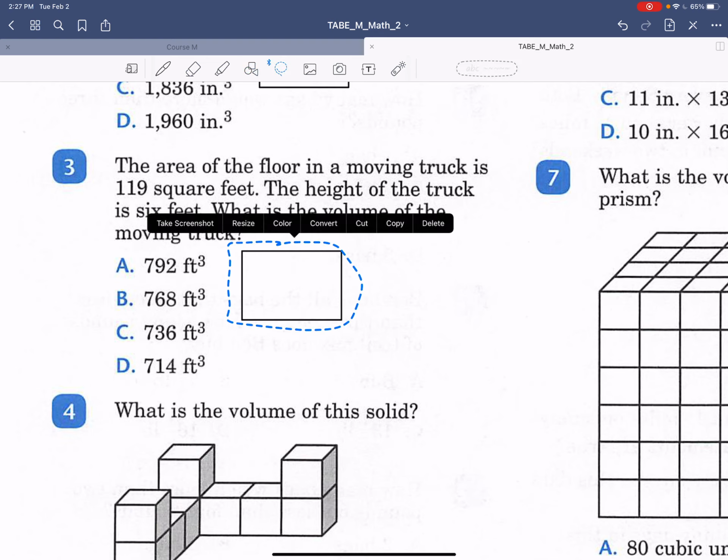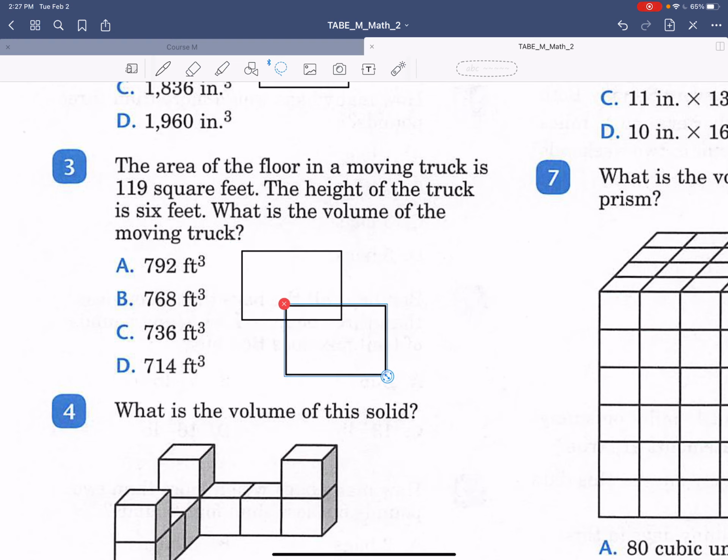So here's one side of the truck. Here is the other side. And then I'm going to connect the vertices. Those need to be straight. Let me get a straight line. Connect the vertices.